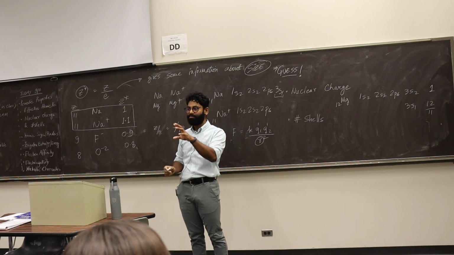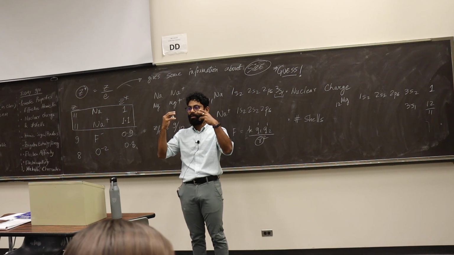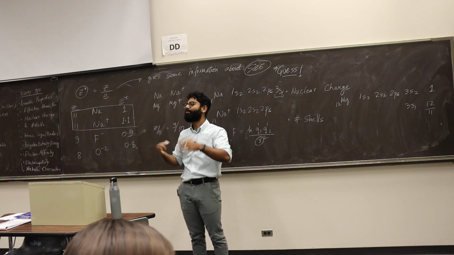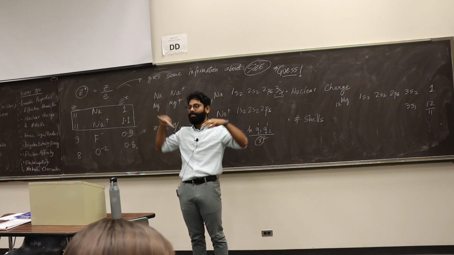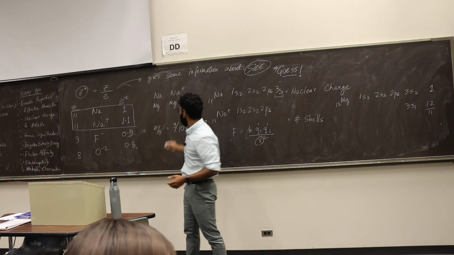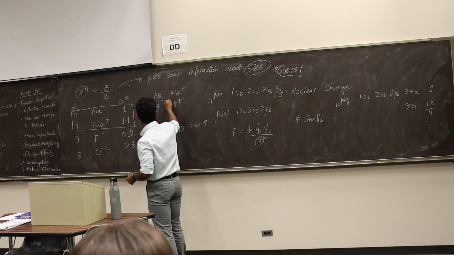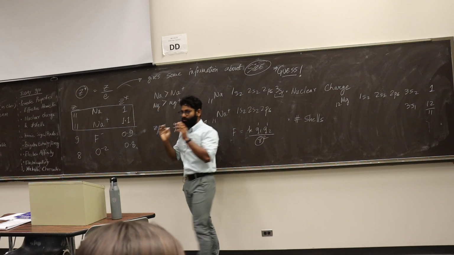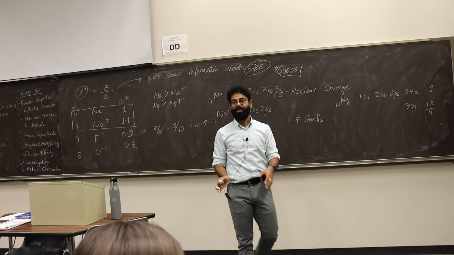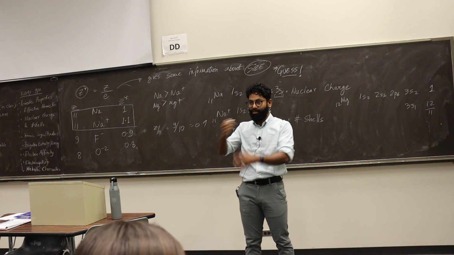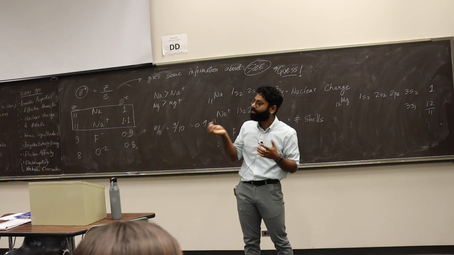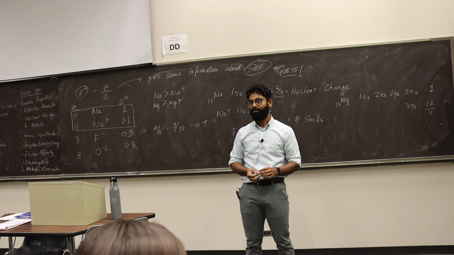This number is just making it more quantitative, but the feel is the actual thing. If you just sense it, that's the actual thing, right? So here's the thing that you should note. The cation is always smaller than the parent, and the opposite, the anion is always greater than the parent. Okay?